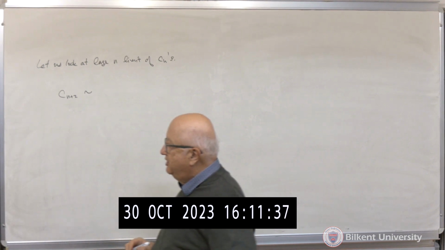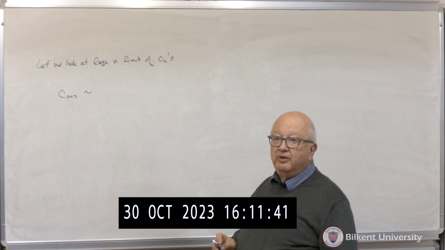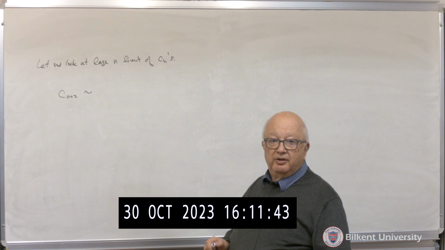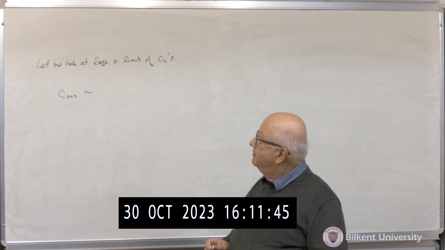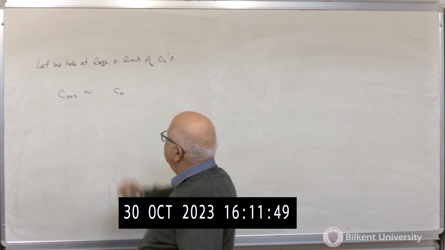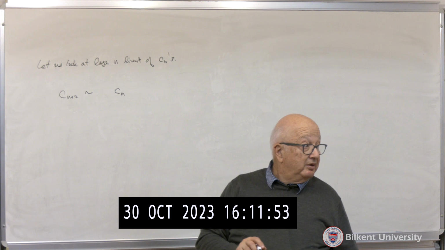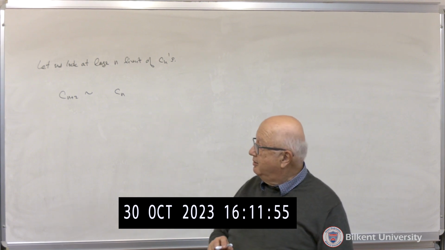How does it scale with n? Can you tell me? If n is very large, what is the relationship between Cn and Cn plus 2? Approximately it's approximately 2 over n.